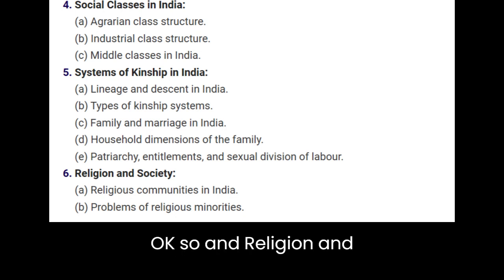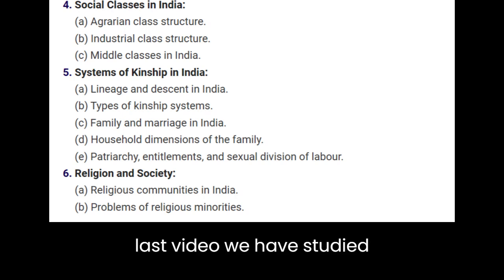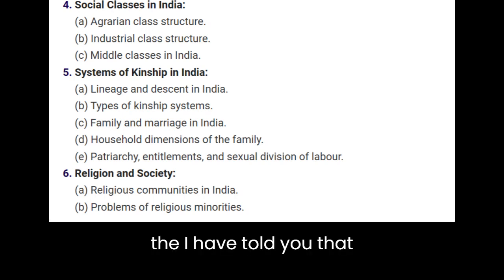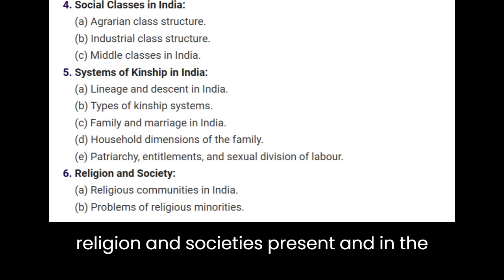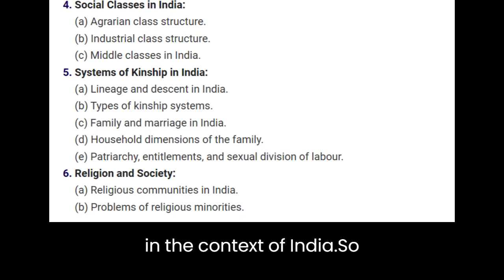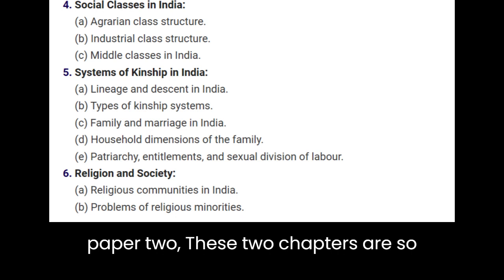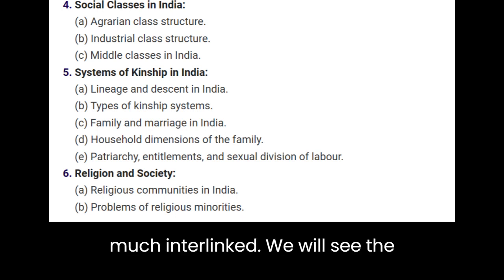Okay, and religion and society. If you remember from the last video, I have told you that in the first paper also religion and society is present, and in the second paper also religion and society, but in the context of India. So these two chapters from paper 1 and paper 2 are so much interlinked.